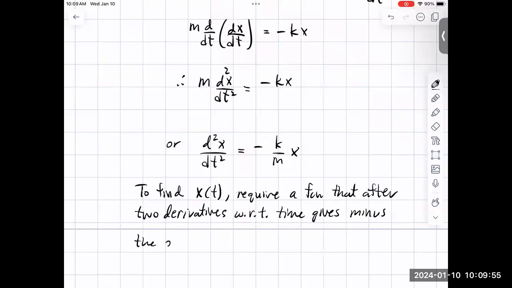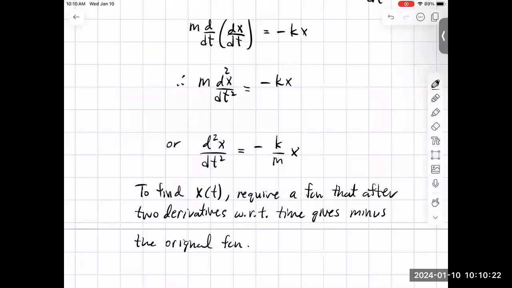Okay, what I'm going to imagine is that we take our mass, we've stretched our spring, so some position, and then at t equals 0, I'm going to release it. So I want a function at time t equals 0 that is not at the equilibrium position. It's at some other stretched position.